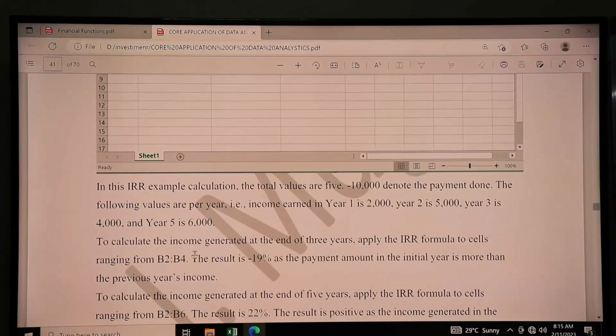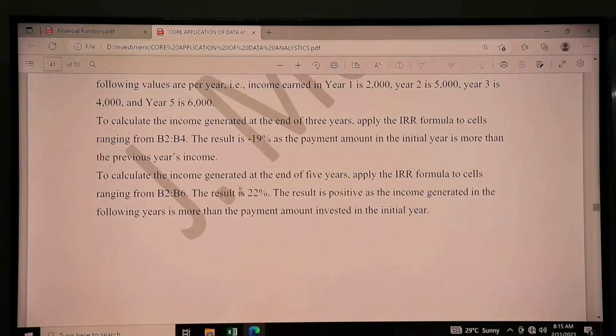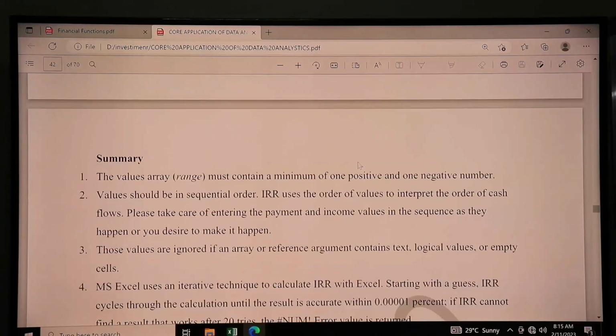So you calculate the income generated at the end of the third year, then apply the internal rate of return formula, ranging from B2 to B4, which results in minus 19%, as the payment amount in the initial year is more than the income. To calculate the internal rate of return for the fifth year, it gives us 22%. The result is positive, as the income generated in the following years is more than the payment amount invested in the initial year. That's why it has given us a positive value.